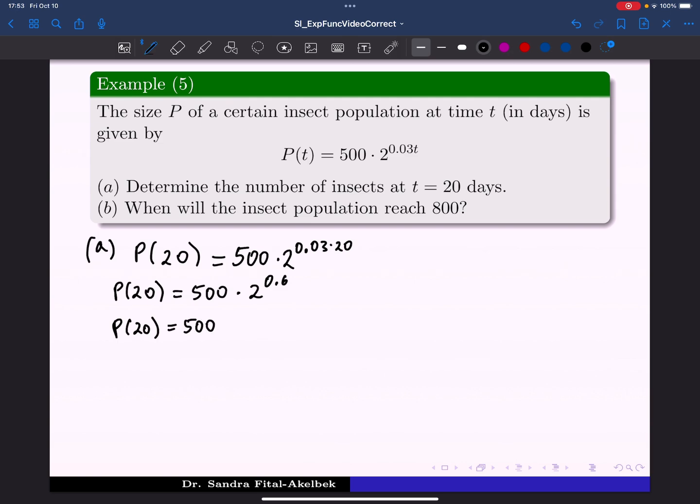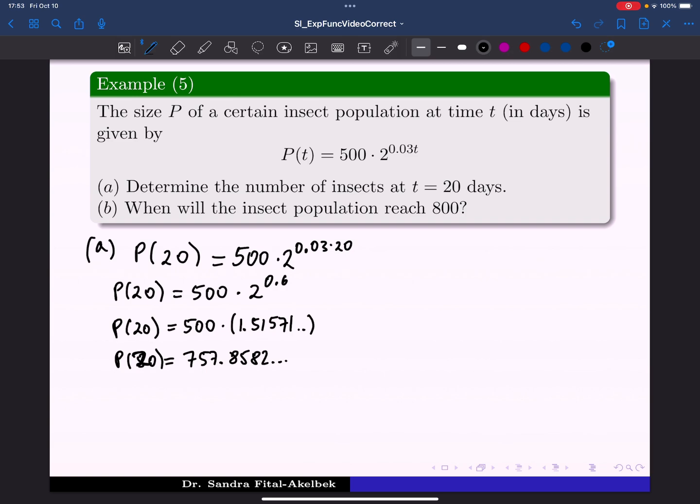If I type 2 to the power 0.6, I'm getting 1.51571 something, and then if I multiply this times 500, I'm getting 757.8582.